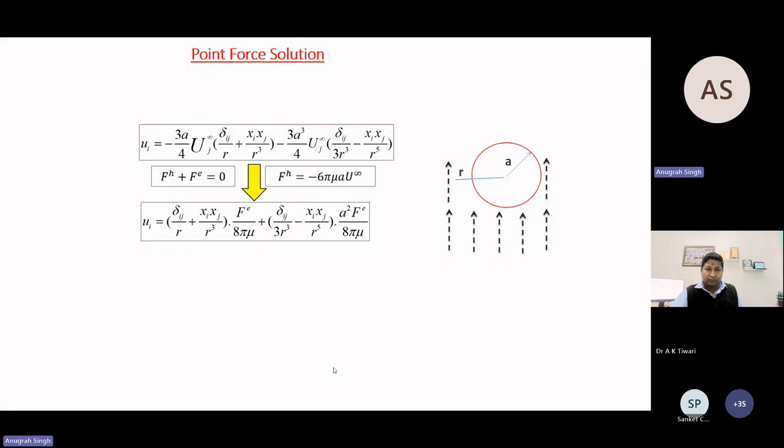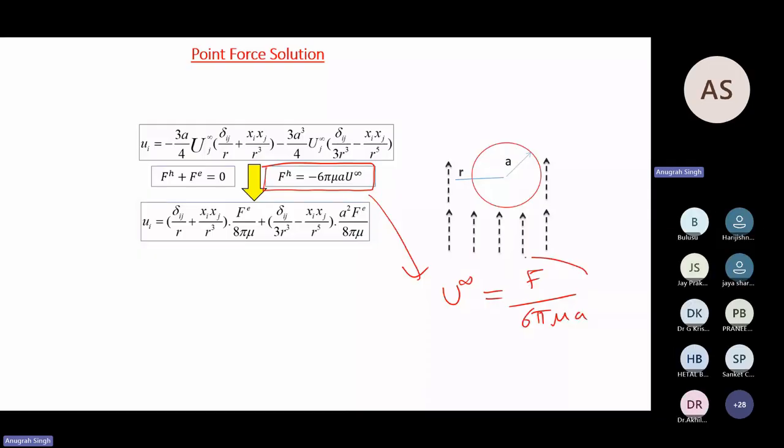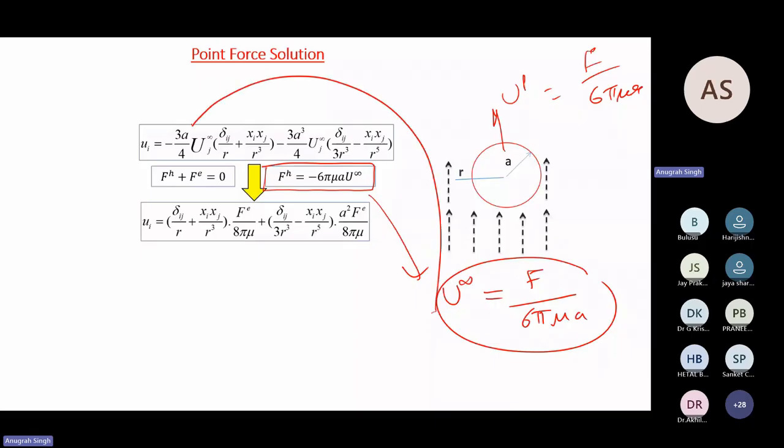We have this one, and we know that the drag force is this. That means U infinity or UP will be F divided by 6 pi mu A. Or if the particle is moving, then UP will be F by 6 pi mu A. You substitute this into this, wherever you have it, and then you will get this one.